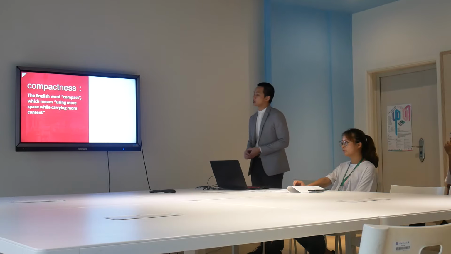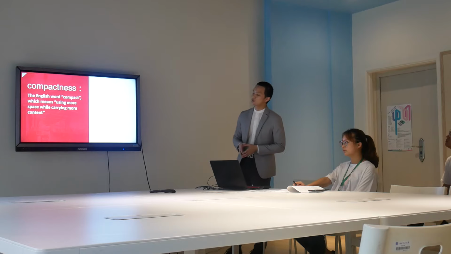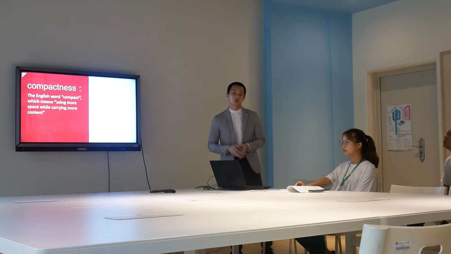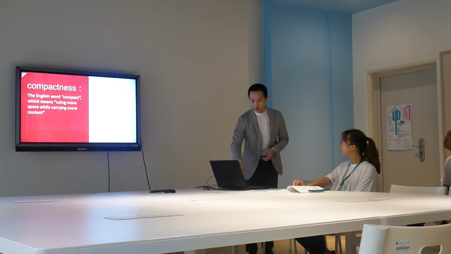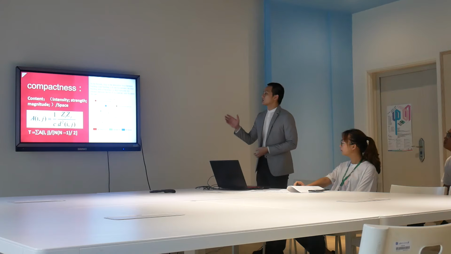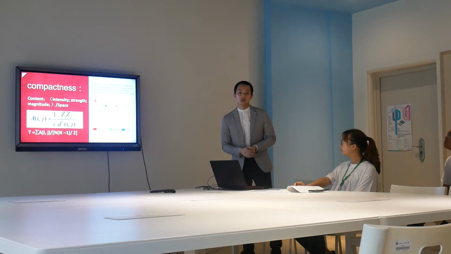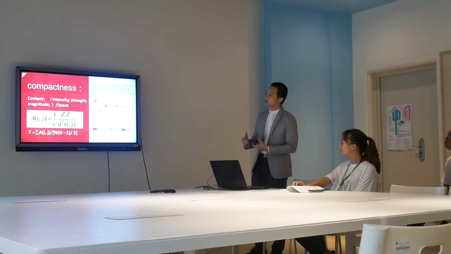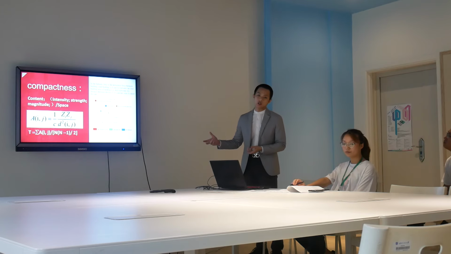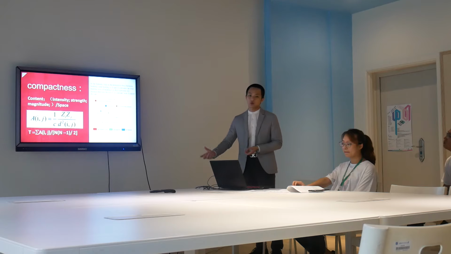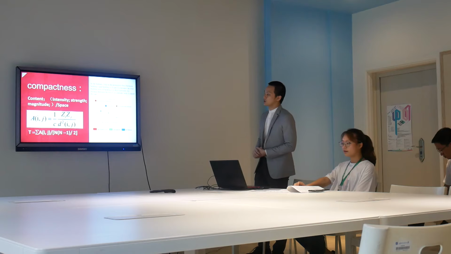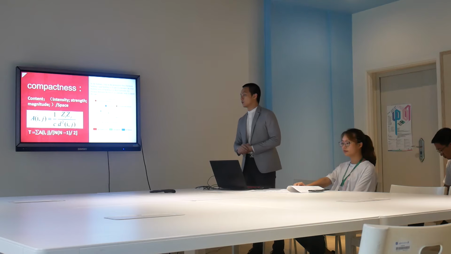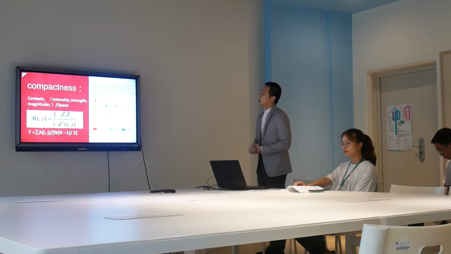In English, compact means using more space while carrying more content. So if we want a brief conclusion to describe it, we think compactness is a ratio between the content and space. You can also translate the content into intensity, strength, or magnitude, whatever you want, but the core concept is the ratio between the content and space, and you can see the formulas in the left figure.